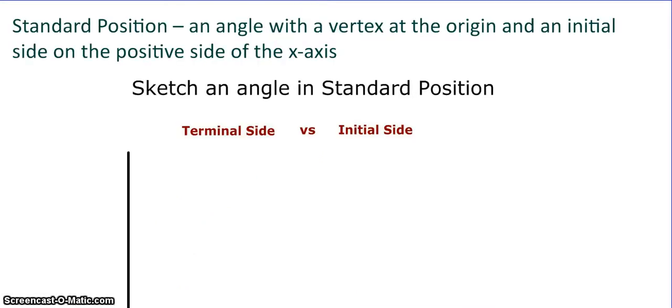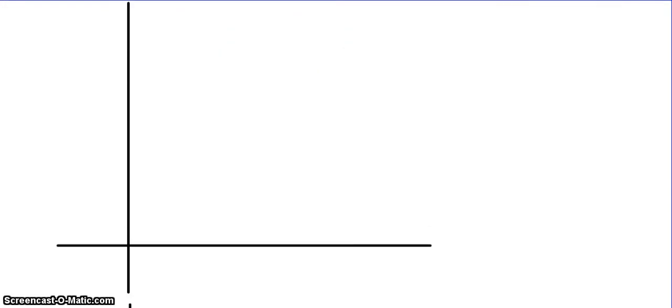So what is an angle in standard position then? Well, an angle in standard position is an angle with a vertex at the origin and an initial side on the positive side of the x-axis. So here's where we want to start to understand our quadrants.